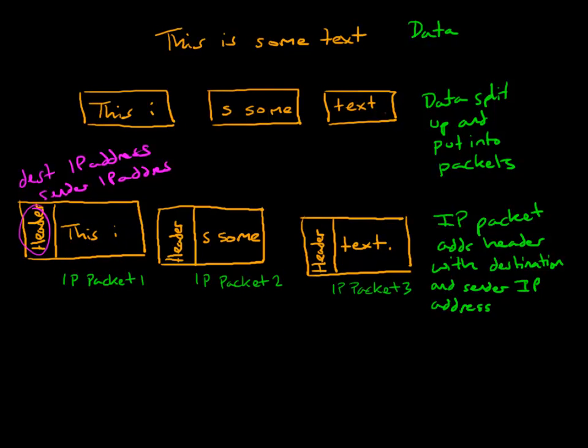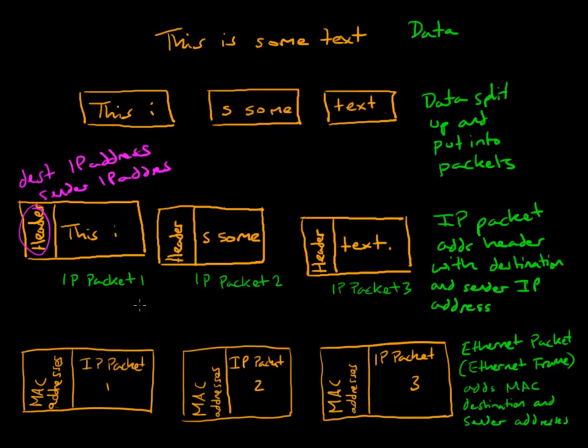And then what happens, lower down, is each of these Internet Protocol packets, so each of these IP packets, so what we have here is our first packet, then gets put into what's known as the payload, and there's now created an Ethernet packet, also known as an Ethernet frame. This one contains the MAC addresses.